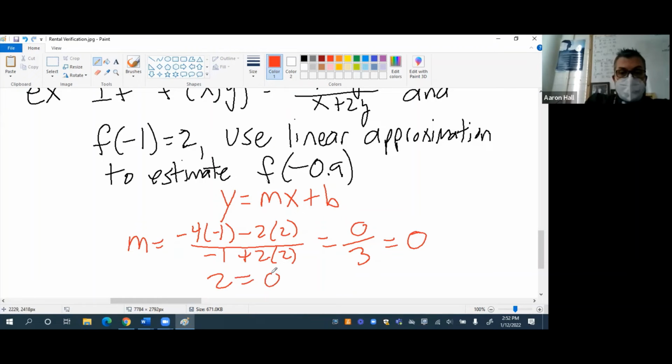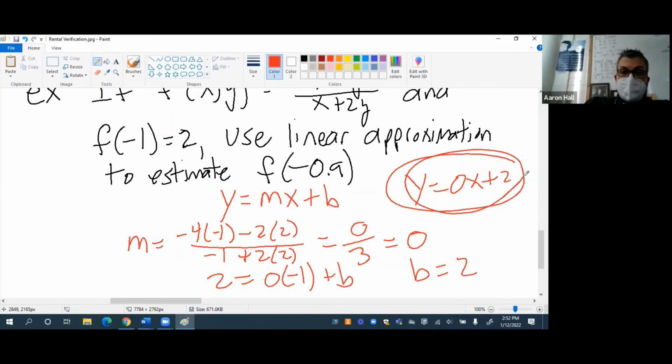So 2 equals 0 times x, and what's x? It's -1, plus b. Then you can just solve that. What is b? Just 2. So if I plug that into my equation, I have y equals 0x plus 2.